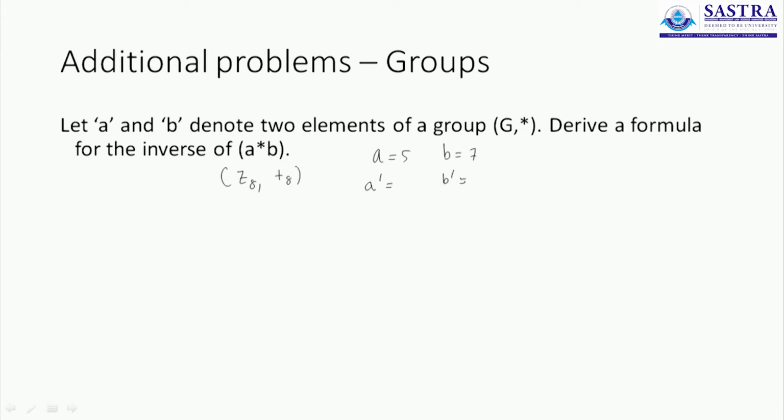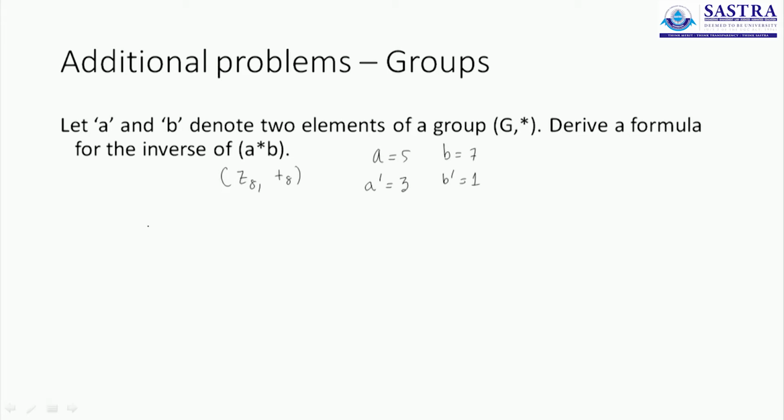The inverse of 5 happens to be 3 because 5 plus 3 is 8, and 8 leaves a remainder of 0 when divided by 8. And similarly the inverse of 7 is 1 because 7 and 1 give us 8 again, which reduces to 0. Therefore we have already defined the inverse of the two elements that we are considering.